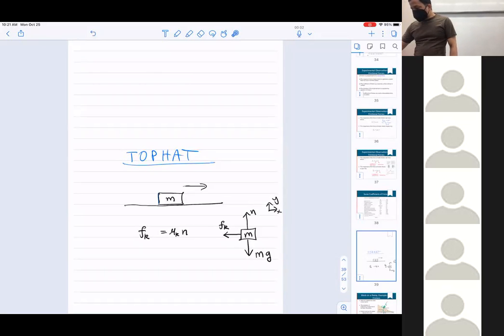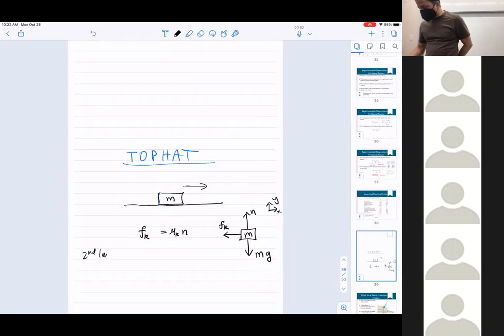But for me to use this formula, I need to figure out what this normal force is. And keep in mind that along the y direction, the net force has to be zero because the object is just sliding along the x direction. So the acceleration in the y direction must be zero, which means these two forces must add up to zero.